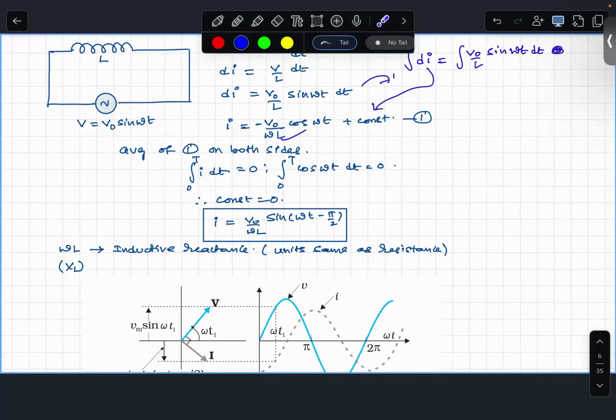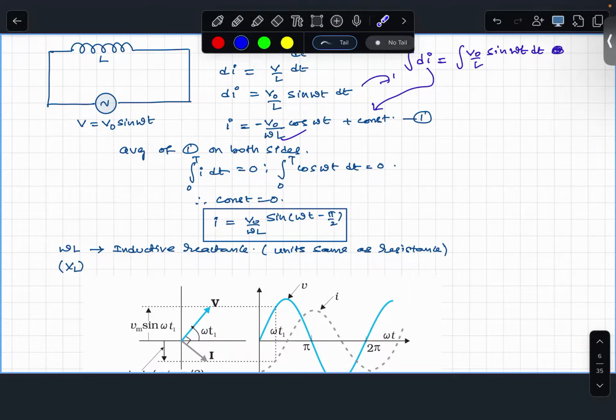Then what advantage am I going to get by taking it for one full cycle? The left hand term will vanish. How do I know? Whatever it is, basically it is an AC current. For a full cycle, suppose it is a pure sine function, or a pure cos function, or even some sine function plus some phi value, anything, if it is a full cycle, it vanishes. Now the right hand side: the integral of cos omega t d theta also vanishes.